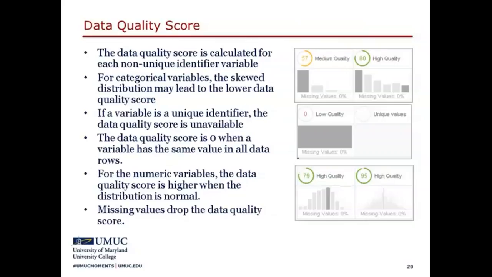Data quality is 0. That's because all data rows have a single value. If the variable is numeric, the closer the distribution is to normal, the higher the score is. For the categorical variables, it's looking at the skewness, right? Like here is an example, right?